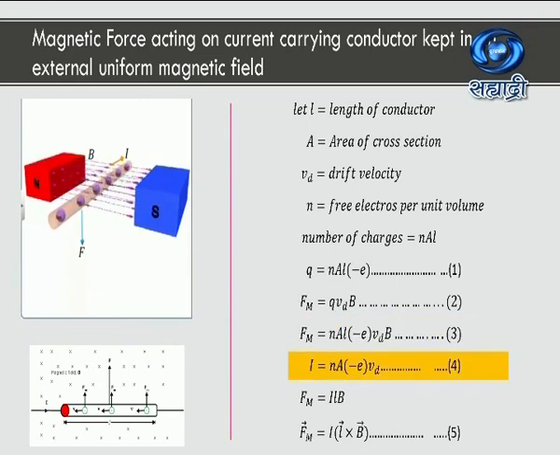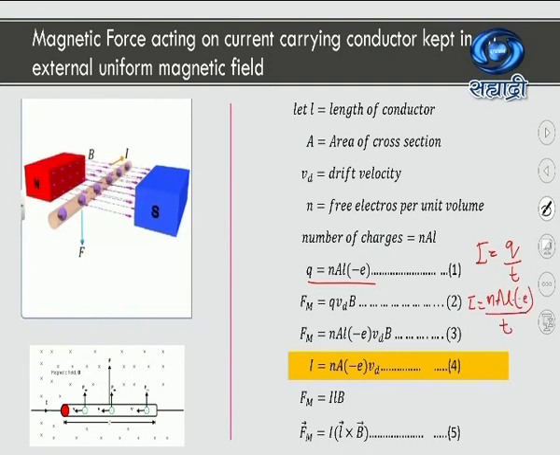Now, one more thing. We know that I is equal to Q by t, right? So here you can see that this is the total charge. So if I divide this by t, can we say I is equal to Q by t? Q is nothing but nAL(−e), right? So divide this by t. If I take the ratio of L by t, don't you think it is nothing but the drift velocity Vd?